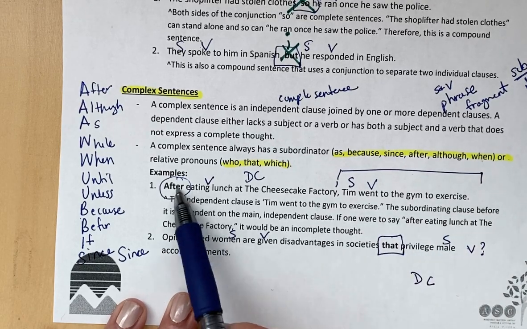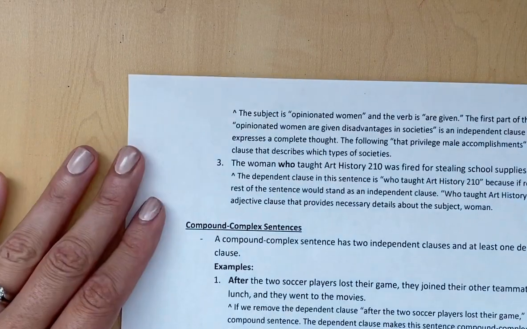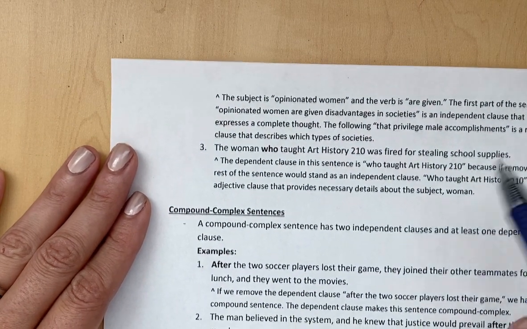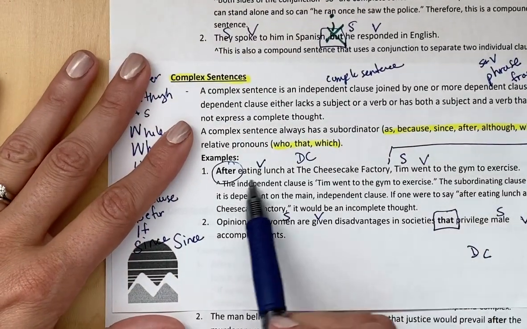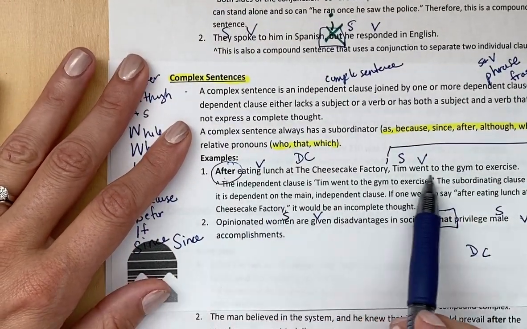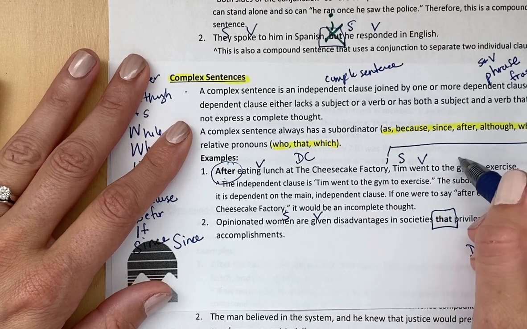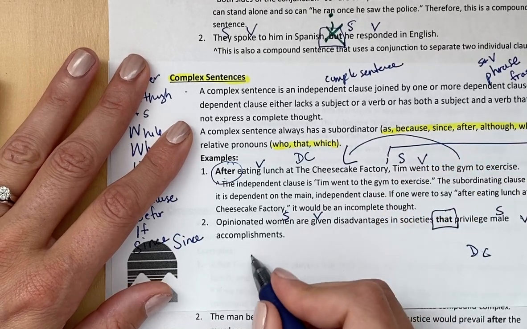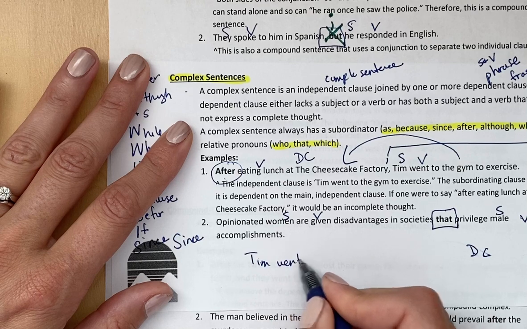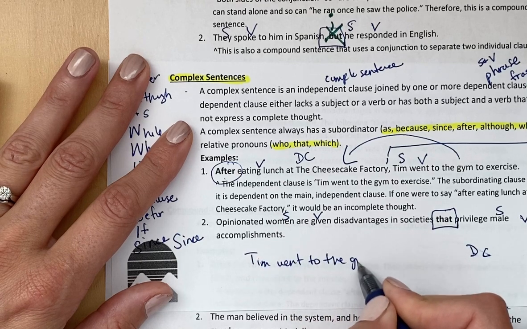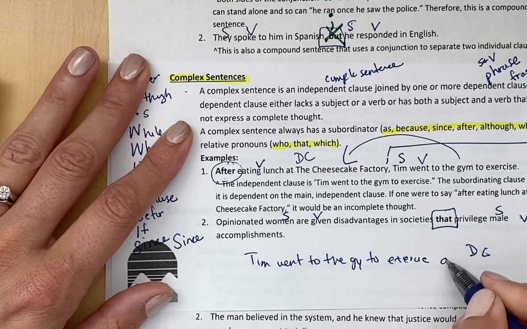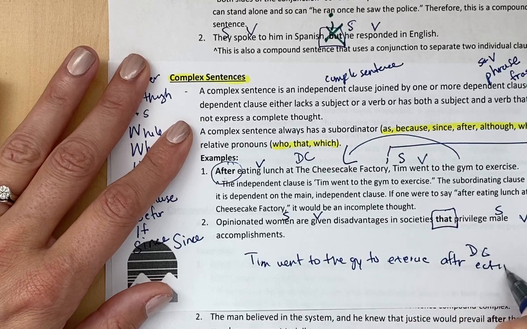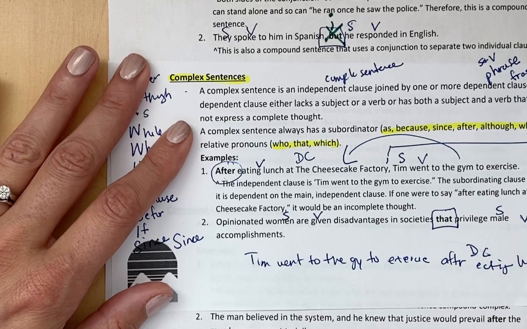You can also switch things around. I think I do this on the next one. Oh, another piece of paper. Sorry about that. So instead of after eating lunch at the Cheesecake Factory, comma, Tim went to the gym, you can switch this around and say Tim went to the gym to exercise after eating lunch at the Cheesecake Factory.